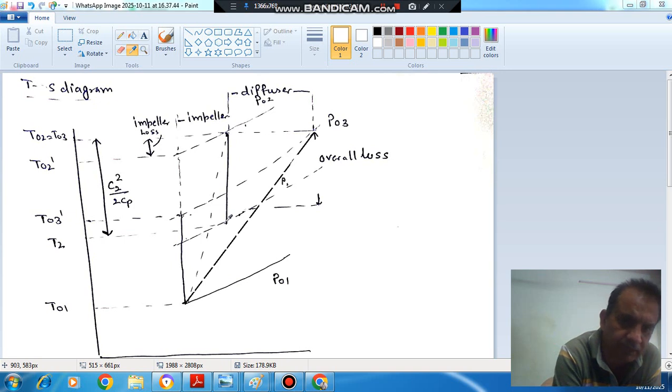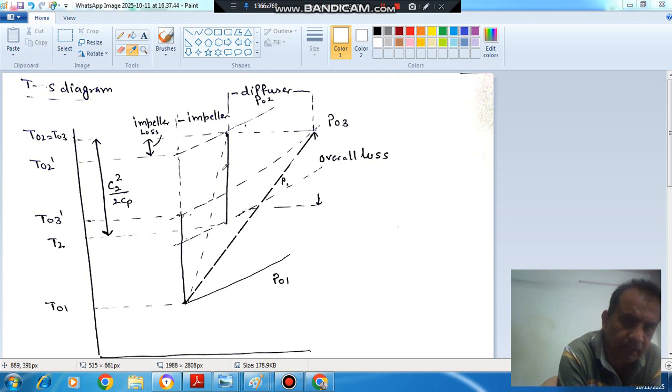So these are the actual conditions at the exit of the impeller. Here the temperature is T2, and here the pressure is P2. This is corresponding to pressure P2 and temperature T2. Now this is the process occurring in both diffuser and impeller, the overall process. This is the process in the impeller.